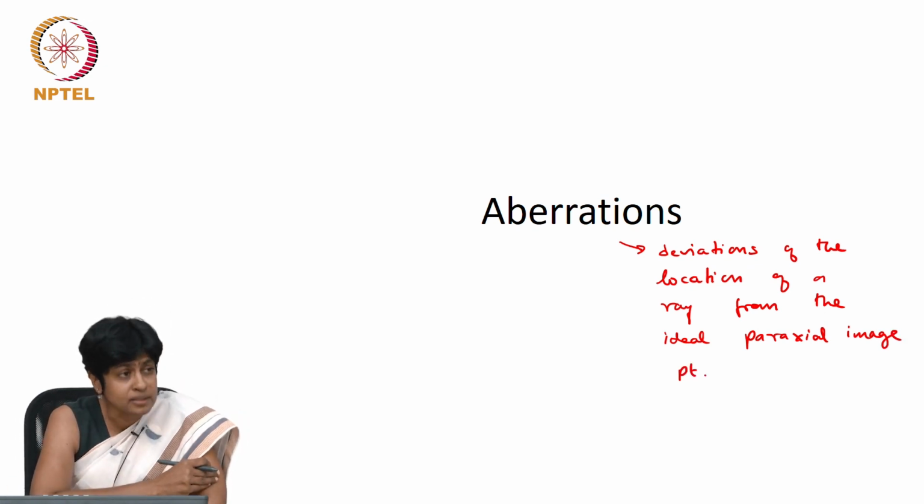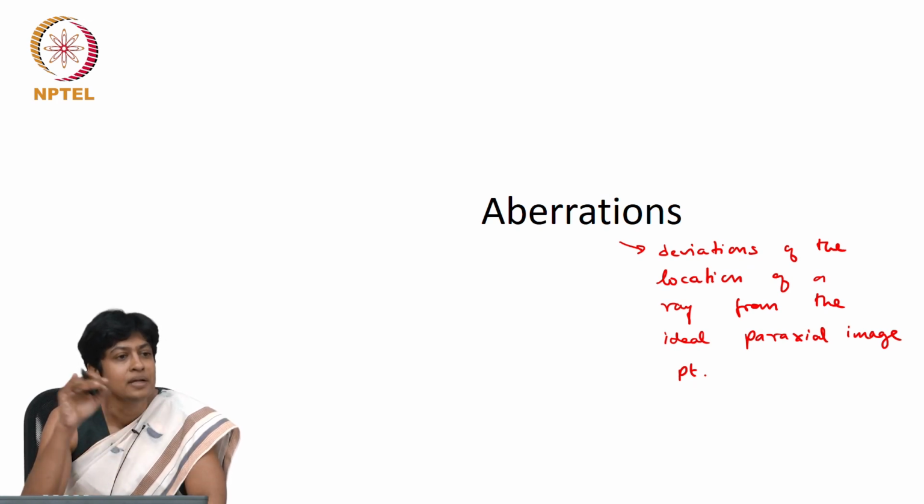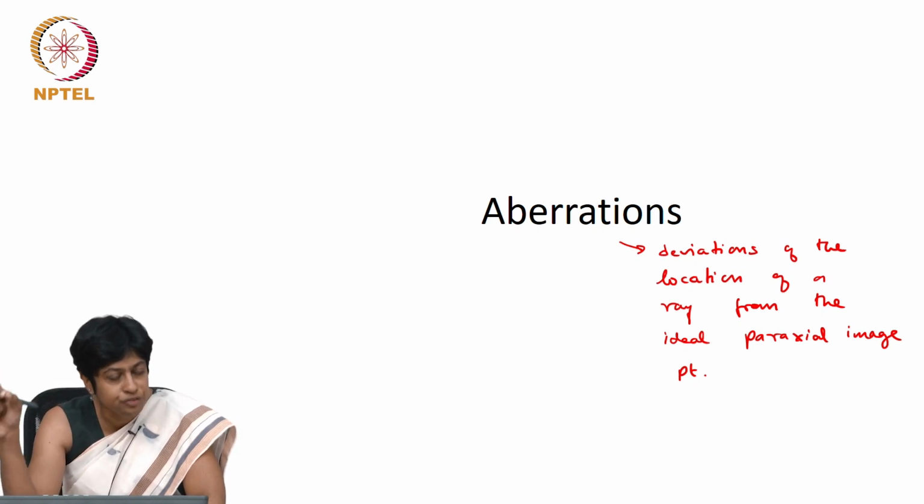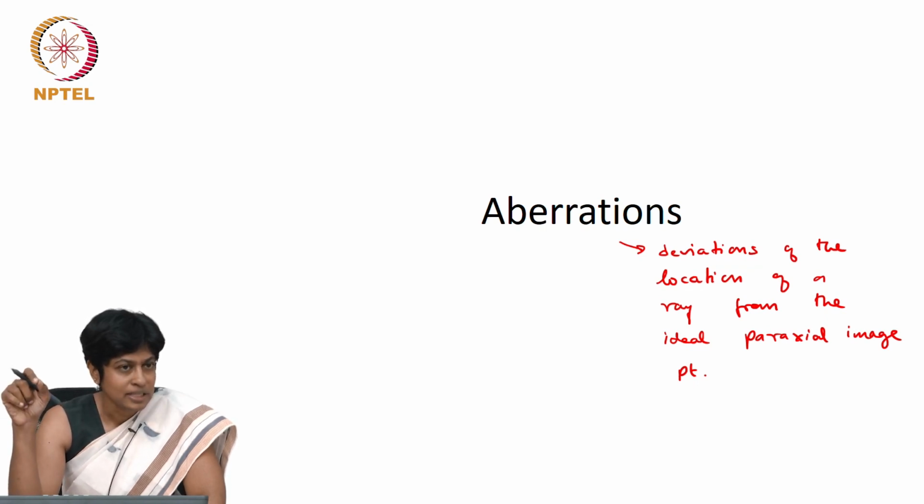So we expect, if everything were perfect, the ray should have landed in the image plane at a certain point, but instead of landing at that point, it lands at a different point, and that distance, that separation, or that error, is what we call an aberration.